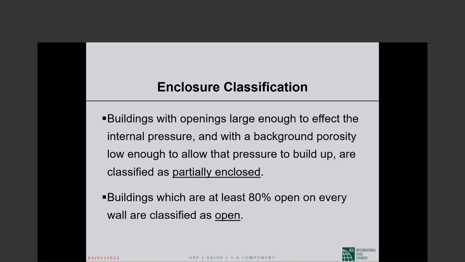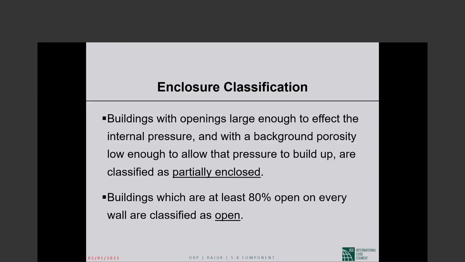So if a building is not partially enclosed by the definition I just gave you, and if it does not have 80% of each face physically open, then it is an enclosed building. By this definition, most buildings we design come out to be enclosed. The parking structures that we see with all the openings that we are familiar with turn out to be enclosed buildings by ASCE 7 definition.